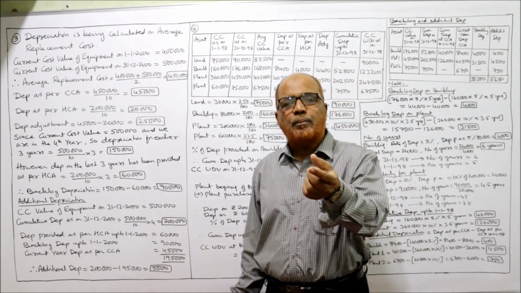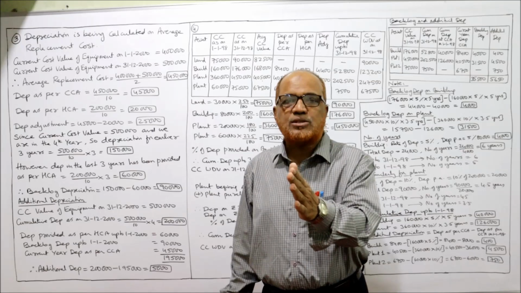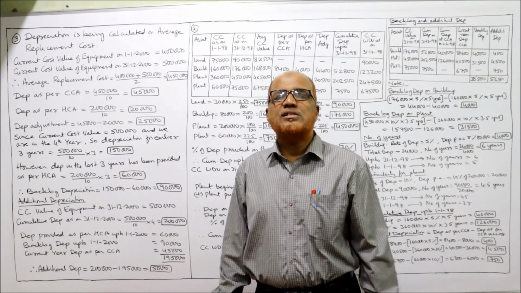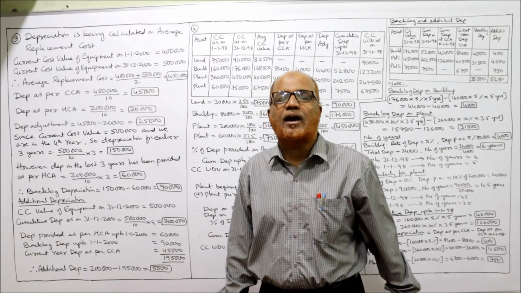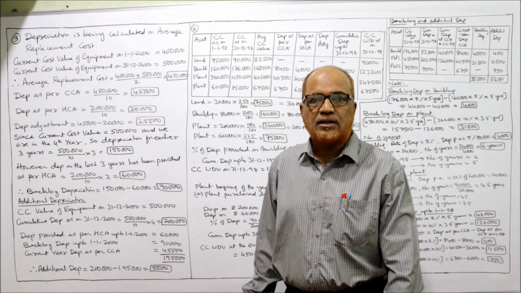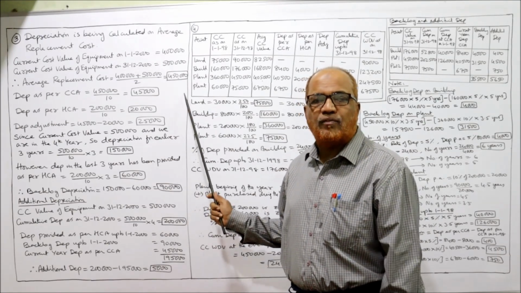Now we can calculate depreciation as per CCA and depreciation as per HCA, historical cost accounting. First we calculate the depreciation for the current year according to the CCA method. What is the life of the equipment? 10 years. What is the average replacement cost? 4,50,000.